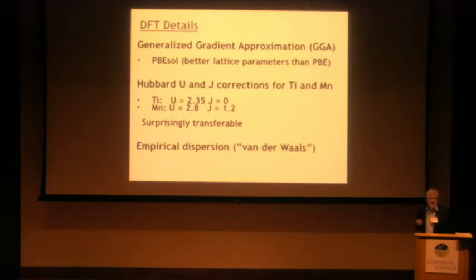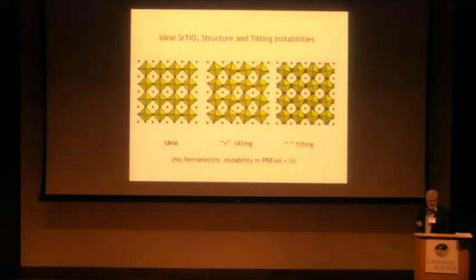We're also using Hubbard U, and in the case of manganese, J corrections for the transition metal ions. Surprisingly, we found these values to be quite transferable between 3+ and 4+ charge states for both of them.